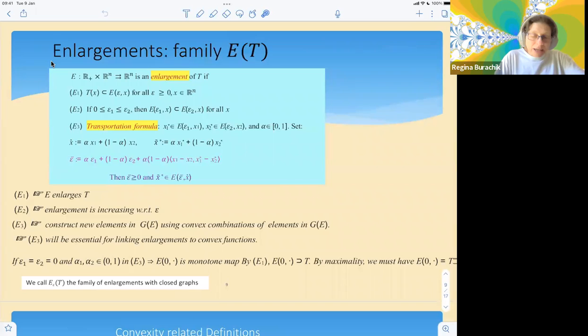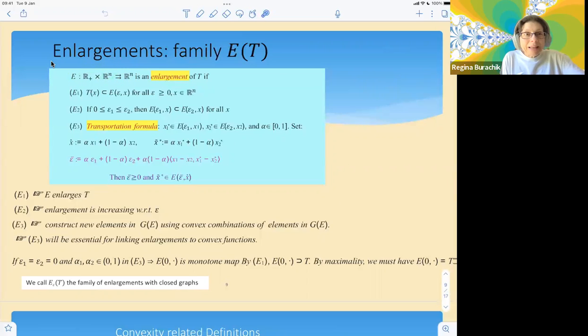And we will measure this accuracy by using a non-negative parameter, epsilon. So this means that our enlargement is a function not only of the domain of the operator, because it should be applied to the same points as our operator is applied to, but also it should be a function of how close we are to the original operator. So in general, it's a function from R plus times Rn to Rn.